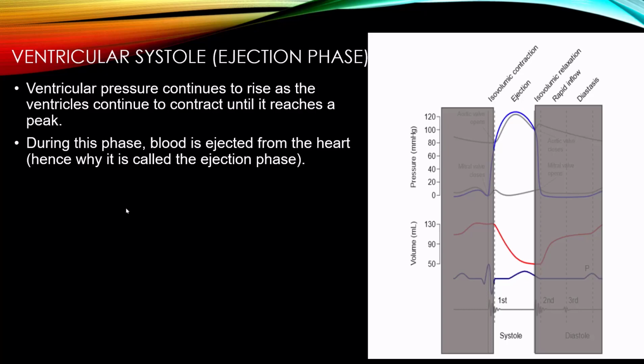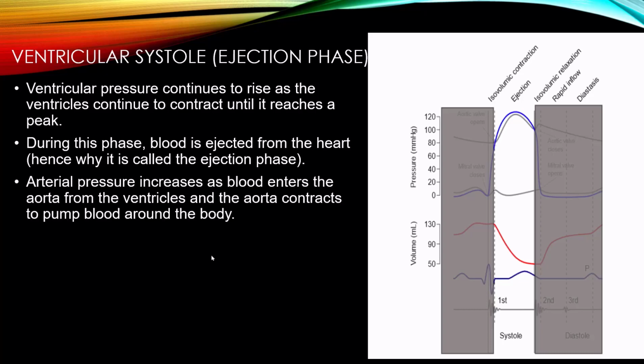During this phase, blood is ejected from the heart, hence it is called the ejection phase. When the valve opens, the ventricle is contracting, and the blood rushes into the aorta. So this is called ejection phase. Aortic pressure increases as blood enters the aorta from the ventricle, and the aorta contracts to pump blood around the body.